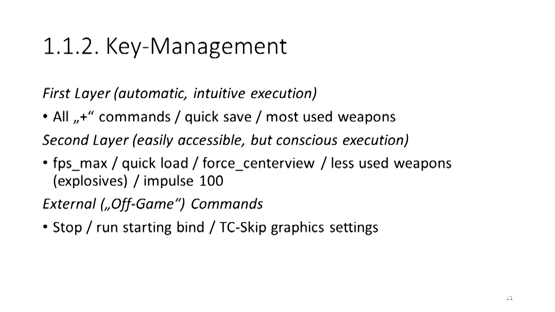The quick load command, which is not that frequently used and shouldn't be in your way when you're trying to access more crucial commands. The force center view, which you need for just a few tricks, and some less used weapons. Then, of course, you're having external commands which are not really important in-game. These are, for example, stopping the demos, starting the run, or setting up the graphic settings for the test chamber skip.